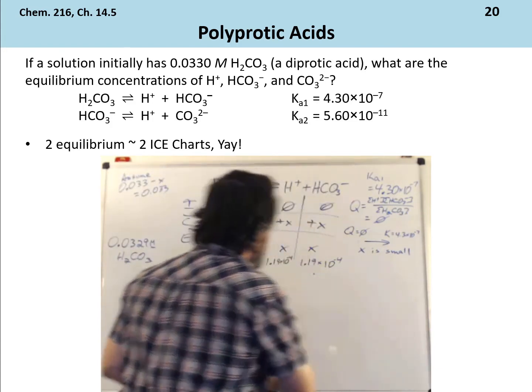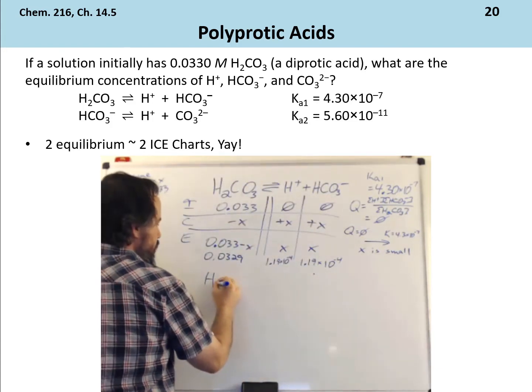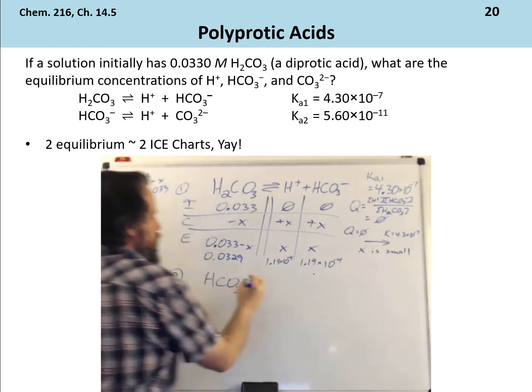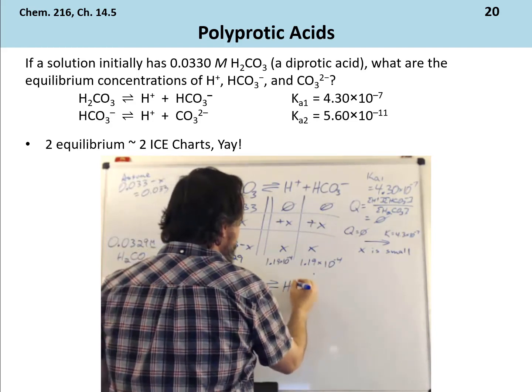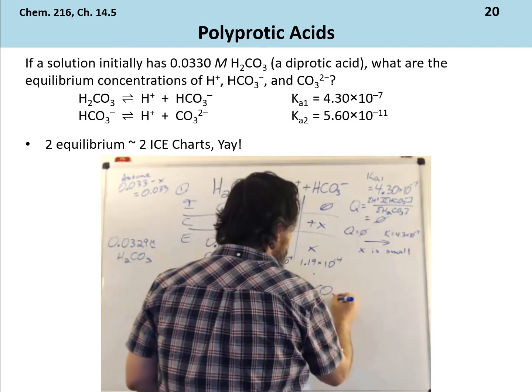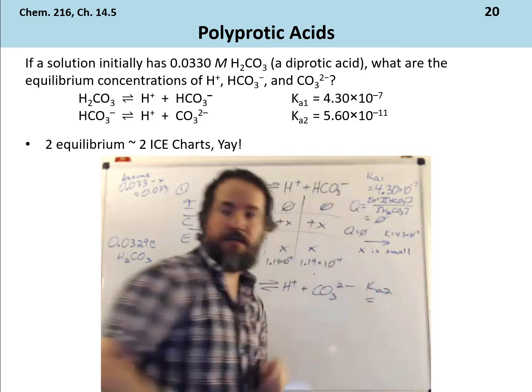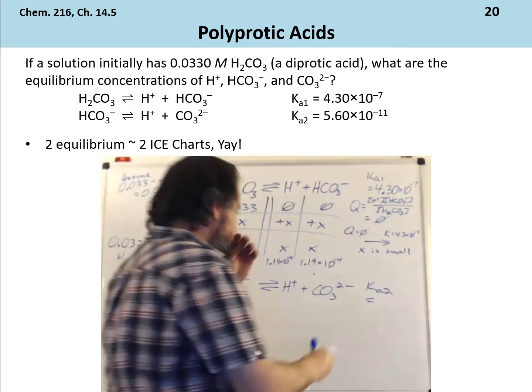And our second equation is HCO3- goes to form H+ and CO3 2-. This has a Ka2 of 5.6 times 10 to the negative 11.